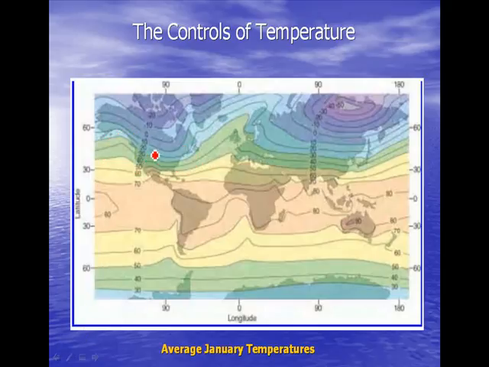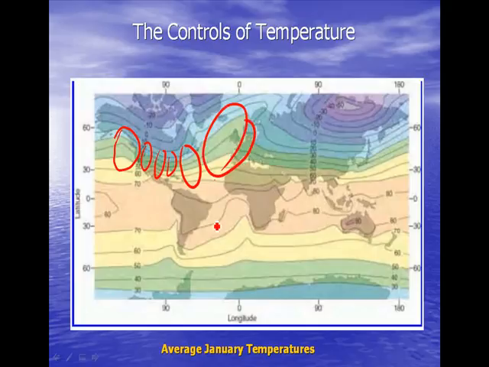Here they're still tightly packed together, but as we go into the ocean, they begin to spread out. Same thing over here. We have the temperature lines really bending upward. So what's the cause for that?